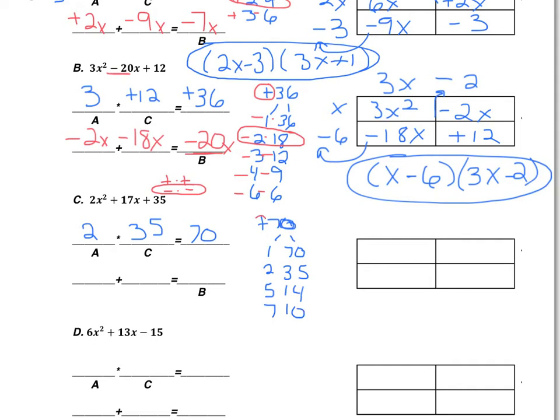In this case, they multiply to get a positive, so it's either positive times a positive or a negative times a negative. And we said that the b term, which is a positive 17, dictates which one, so they have to both be positive. So all these numbers are positive.